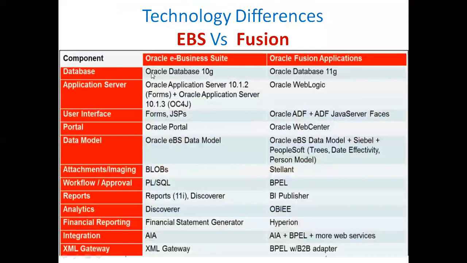So in EBS, Oracle database 10G, and the same thing we are using in Fusion also, database backend 10G here. And then we were using Oracle application server front end, forms. Here we are using WebLogic server at the front end, and for user interface we used to have forms and JSPs, OAF and all. Here completely ADF is used in the front end, and ADF Java Server Faces we are using here.